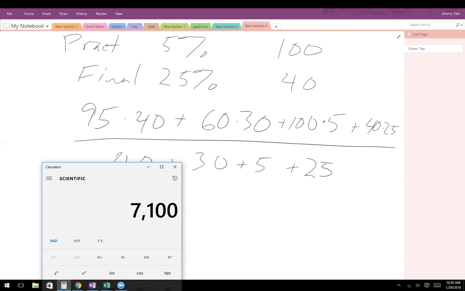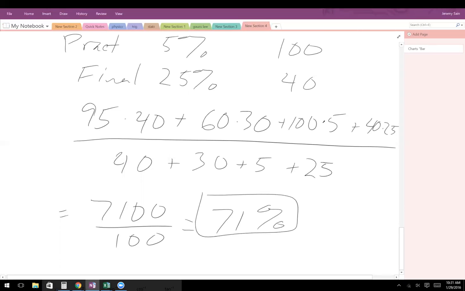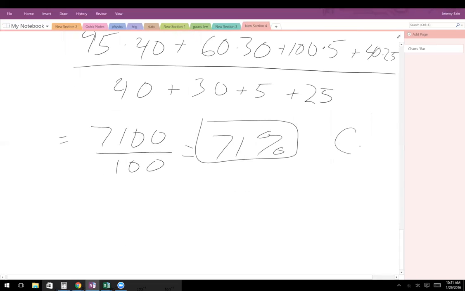And then divided by the sum of the percents, which is 100. So, wow, that was 7,100 over 100. So you would make a 71 in this course, which would be a C.